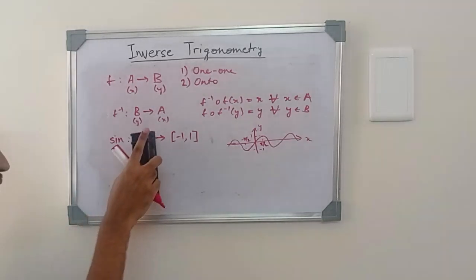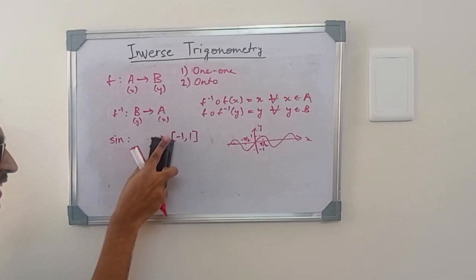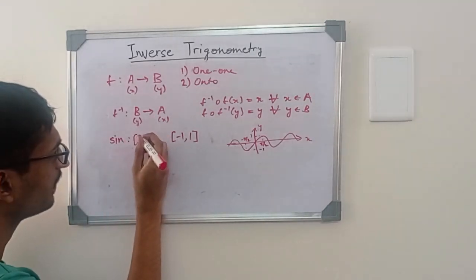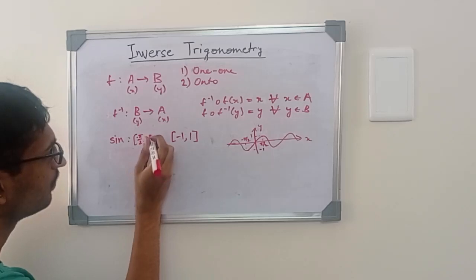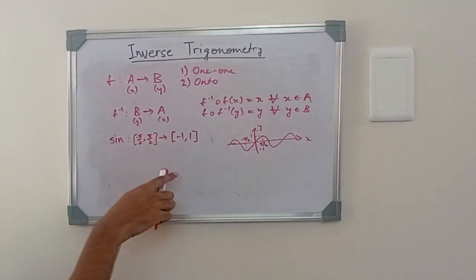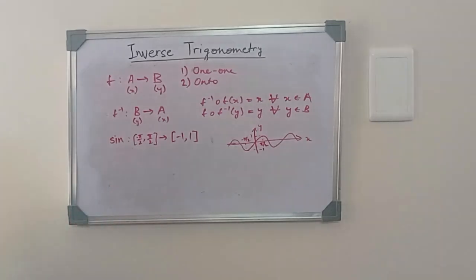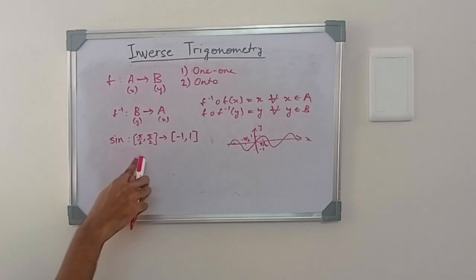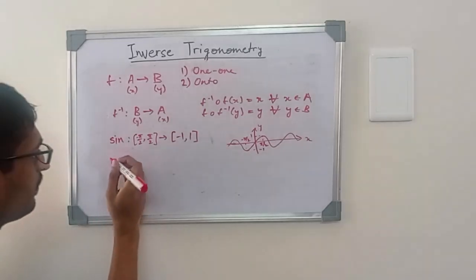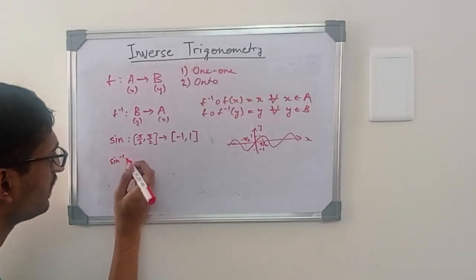So what we do is define the domain of the function to be minus pi by 2 to pi by 2, and now we have the sine function as a one-one and onto function. Now we can easily define the inverse of this function. What happens when we define sine inverse?